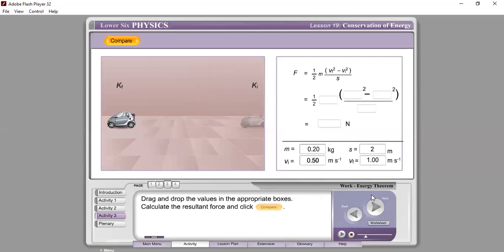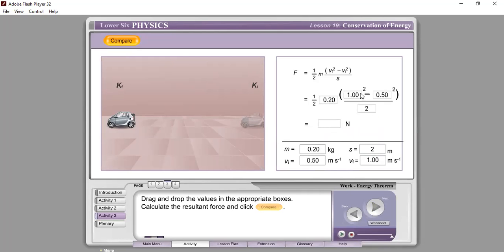Drag and drop the values in the appropriate boxes. Calculate the resultant force and click compare. Okay, for this one, M is 0.2, V final is 1, V initial is 0.5, and S is 2 meters.